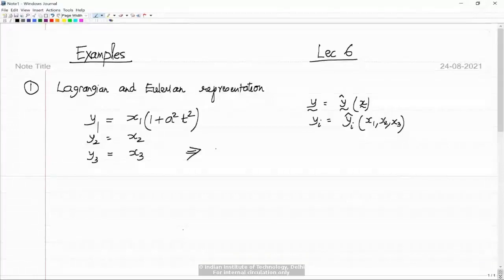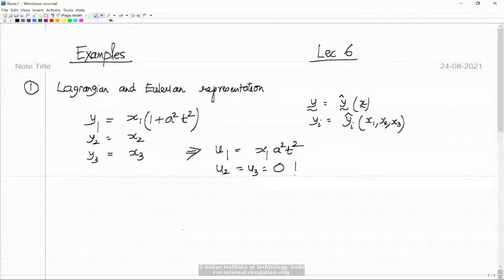So from here you can also say that u1, the displacement related to the reference configuration, that's simply x1 into a squared t square, right? And u2 is equal to u3 is equal to 0.